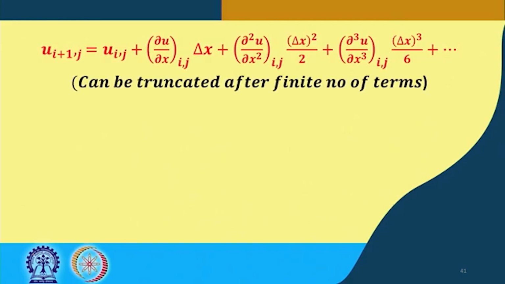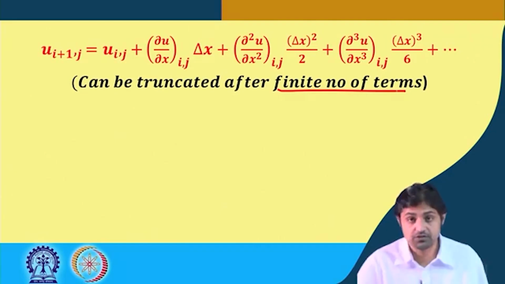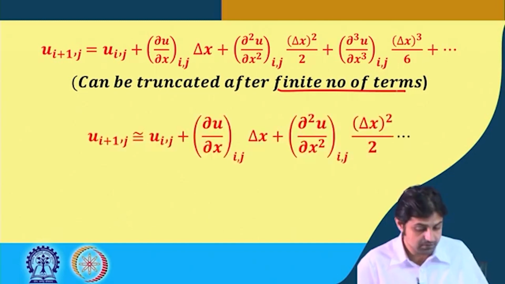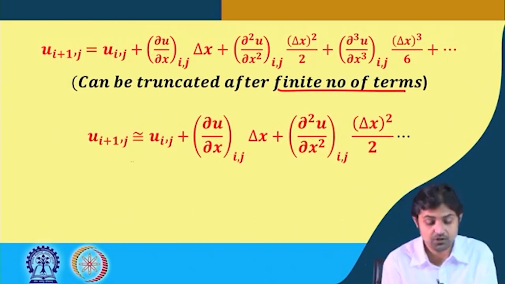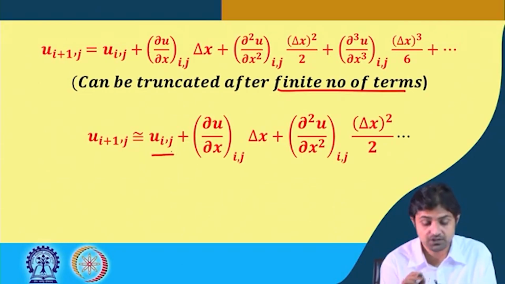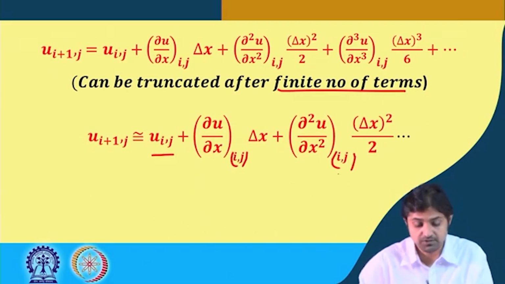So, this actually can be truncated after a finite number of terms. I mean, we can decide 3 terms or 4 terms or 5 terms. So, we have decided to truncate it after 3 terms. So, u i+1,j can be written as u i,j plus del u del x multiplied by delta x plus del square u del x square into delta x square by 2, and these are evaluated at i,j, both of these terms.